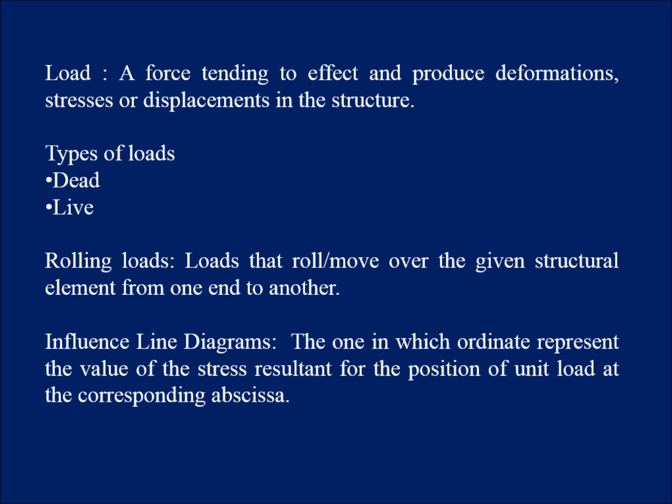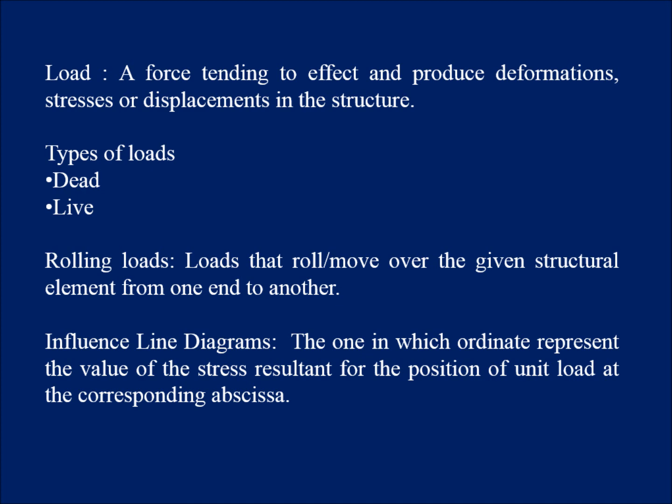ILDs are drawn for various stress resultants like reaction, shear force, bending moment, torsion, etc. ILD for a stress resultant is the one in which ordinate represents the value of the stress resultant for the position of unit load at the corresponding abscissa.